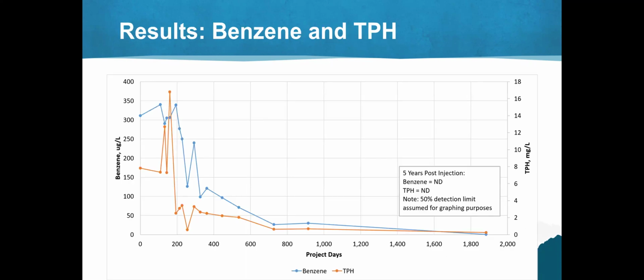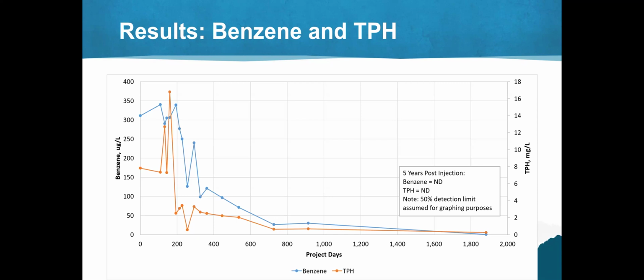What were the results on this site? And I should have mentioned that it was a free product site, because that's part of this whole presentation, is that as you look over time, you see both the benzene and the TPH drop precipitously. So your control is right there at the beginning of the graph on day 0. And you lead from that with the injection.